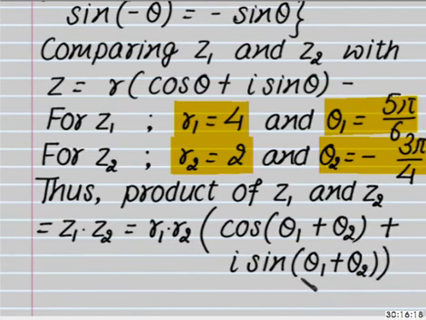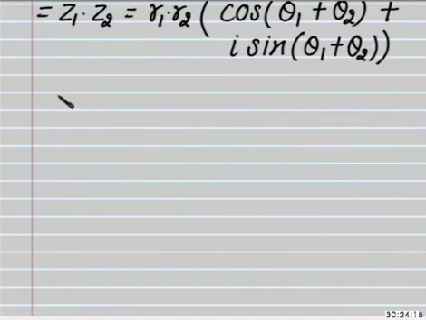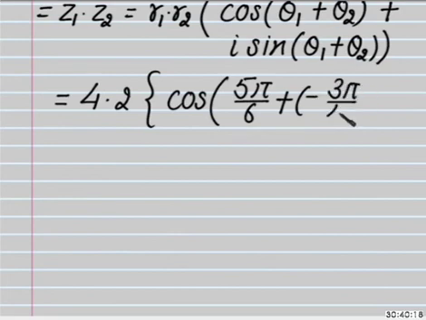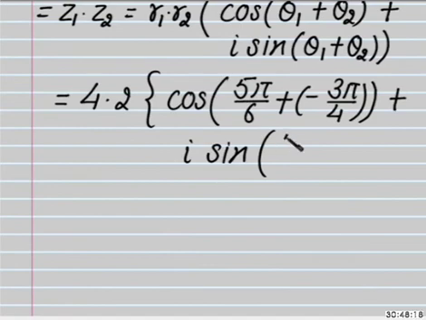Now placing the values of R1, R2, theta 1 and theta 2, we get it is equal to 4 into 2 into cos of 5 pi by 6 plus minus 3 pi by 4 plus iota into sine of 5 pi by 6 plus minus 3 pi by 4.